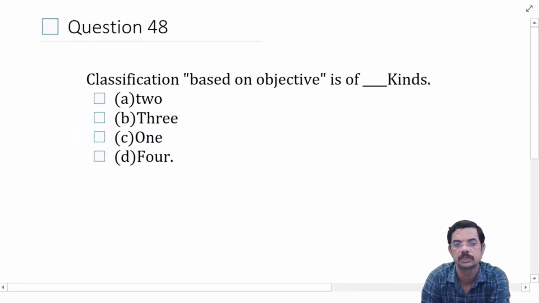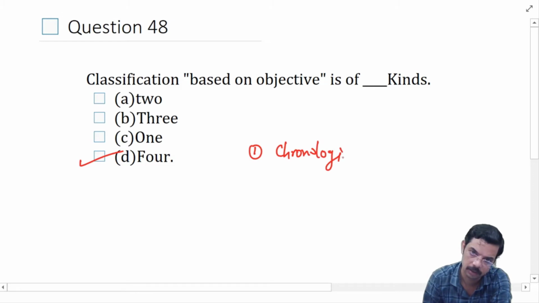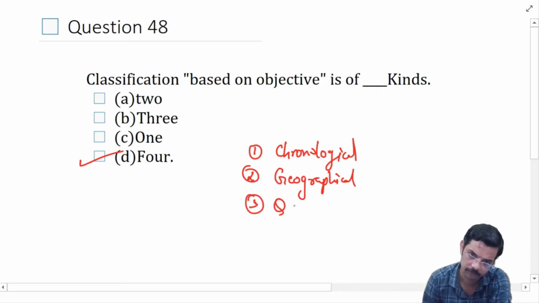Classification based on objective is of how many kinds? Which are the different kinds of classification based on objective? Do you know? If based on objective, there are 4 classifications, 4 methods of classifying, 4 kinds. First one is chronological classification. Second one is based on geography or place, geographical. Third one is qualitative or ordinal.